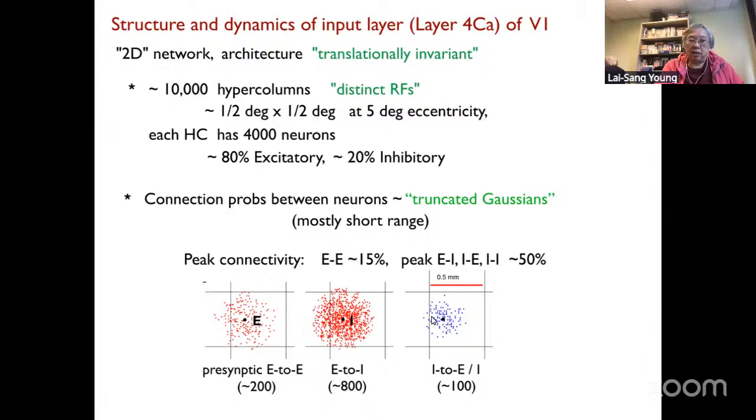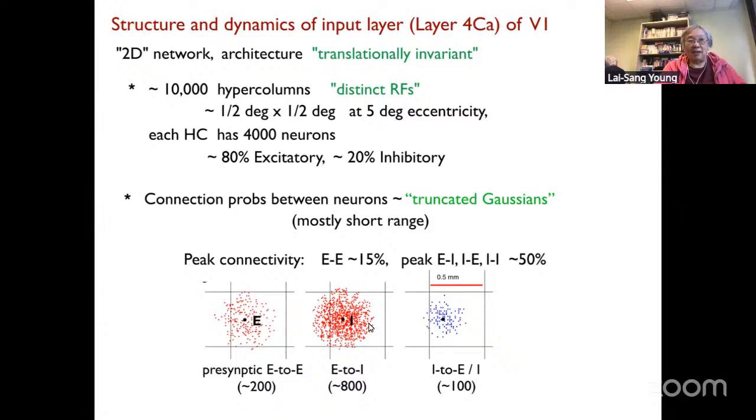So if you take any cell, blue is I in this talk, you get the input from the local I cells. So this is the network, each square has about 4,000 cells. Each dot here is a cell, and each one gets input from this many, and this is what the network looks like. Okay, so a lot more cells than LGN.